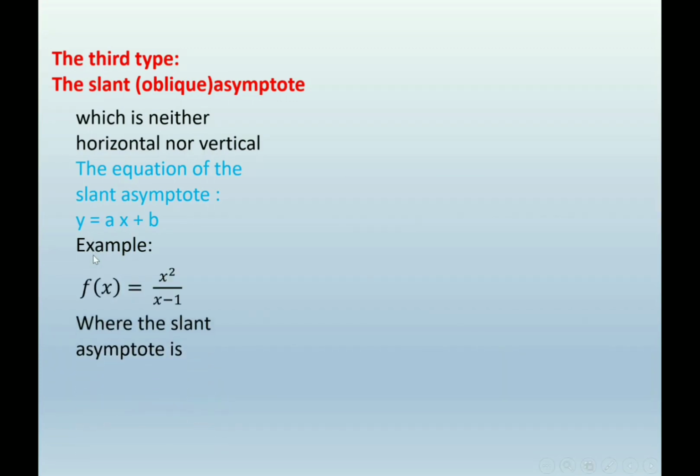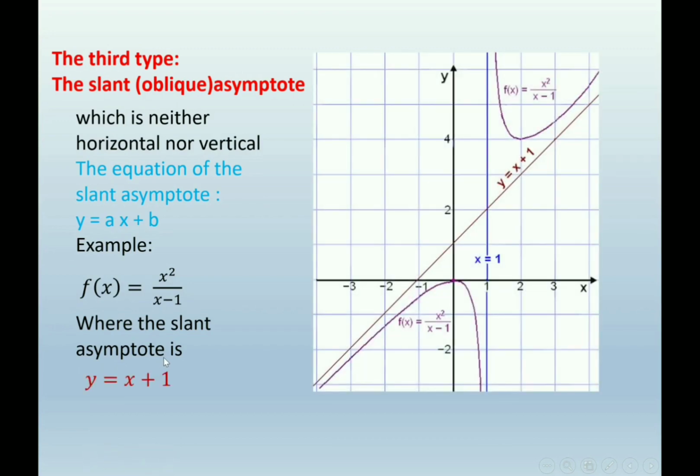An example to understand it more: f of x equals x squared over x minus 1, a rational function, where the slant asymptote is y equals x plus 1, which is shown in the graph as that line.